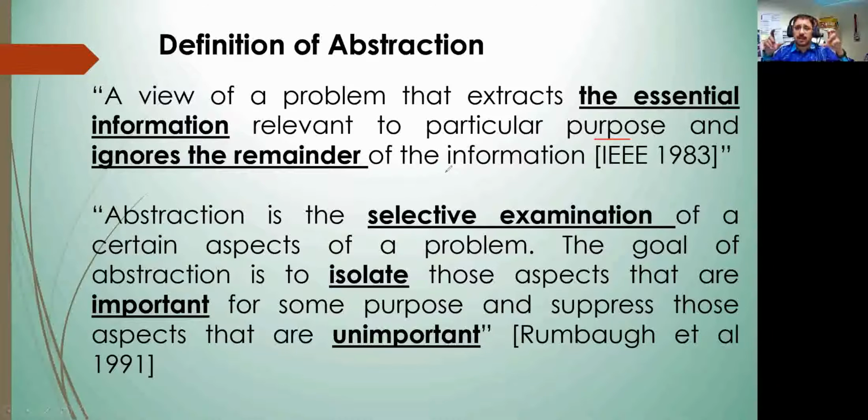So to achieve that purpose, you will get the general properties of something and put them in your programming language, so that the essential information about something is there to achieve some particular purpose. This process is called data abstraction.